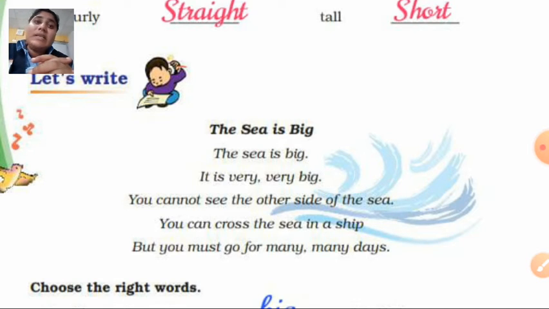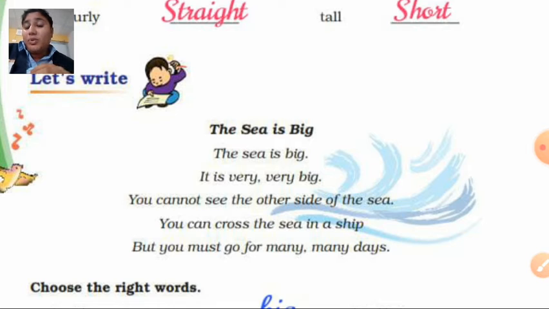We feel like it does not have an end. You cannot see the other side of the sea. When we are at one shore of the sea, we cannot see the other shore on the opposite end.